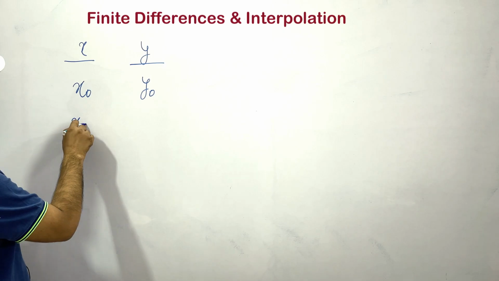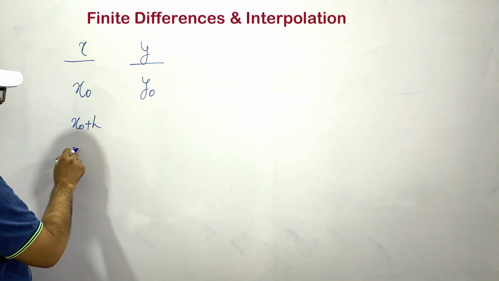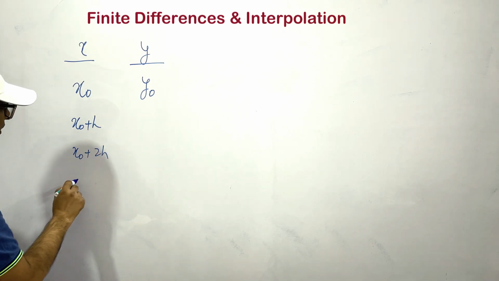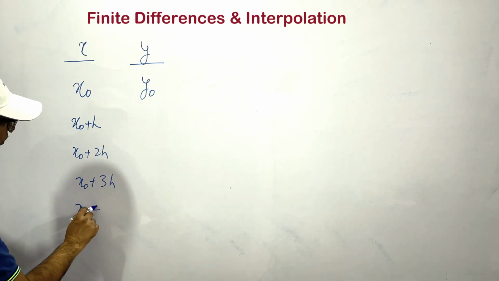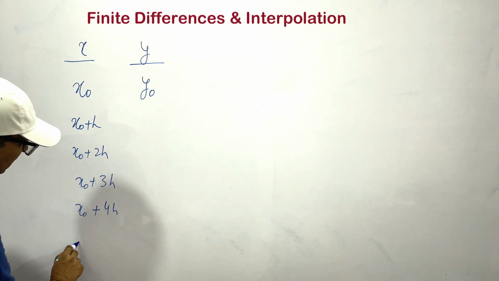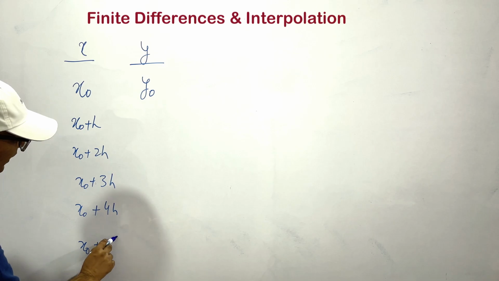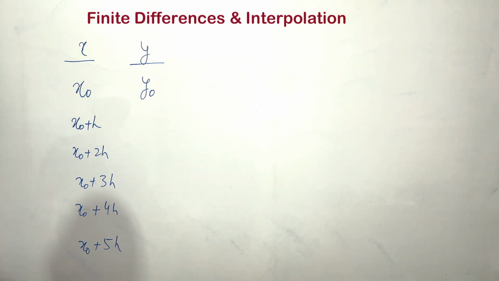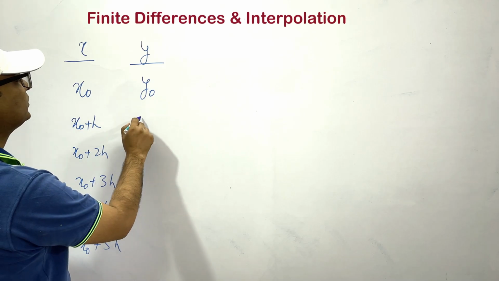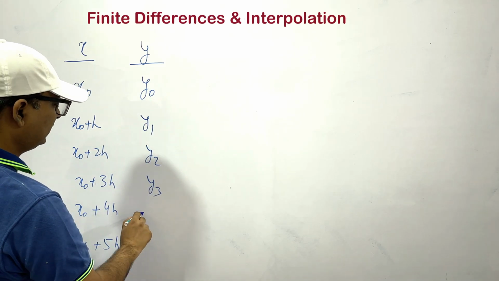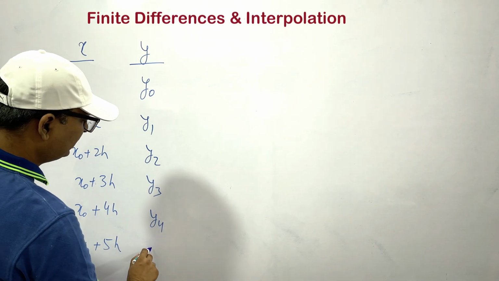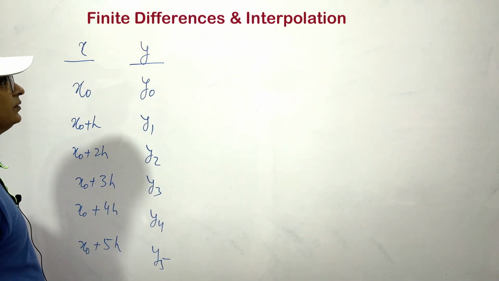So this is x0 plus h, then x0 plus 2h, x0 plus 3h, x0 plus 4h, x0 plus 5h. Okay, let's say we have these 6 values. Corresponding to this, we have y0, y1, y2, y3, y4, and finally y5.